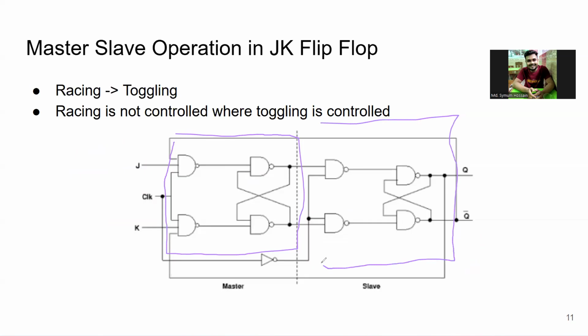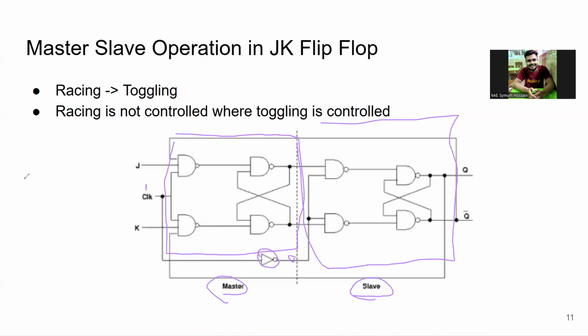So using two JK flip-flops, you can build a master-slave flip-flop, where the first one will be master and the second one will be slave. When the master is in operation, the slave will remain deactivated, and when the slave is in operation, the master will remain deactivated. So if we want to activate the master, we will input clock as 1, and it will convert the clock here to 0, and it will be used for the slave.